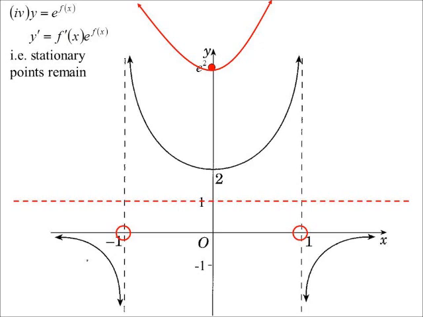We're saying the function value is approaching negative infinity. So f dash x times e to the function x: the derivative of my original curve is approaching infinity, so it's quite large. E to the function x is approaching 0. Infinity times 0, oh my god.